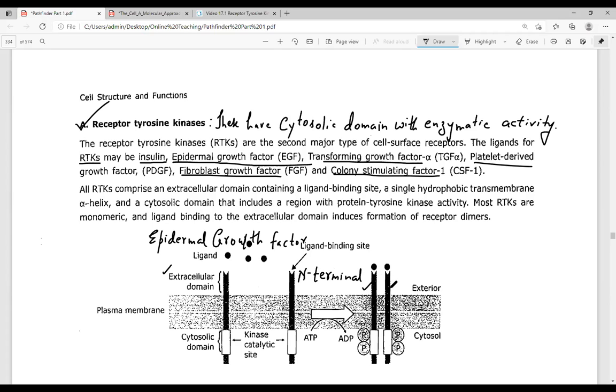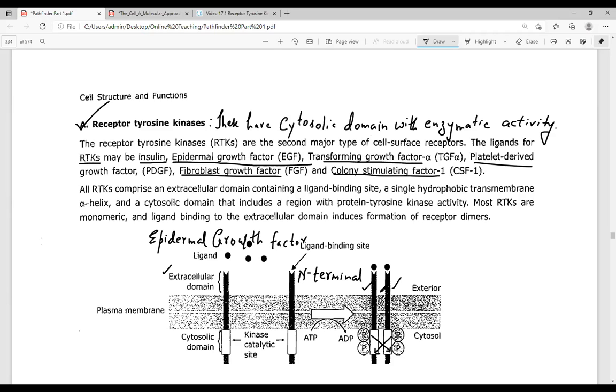This is the dimer which is being produced. Once the dimer is produced, a cross phosphorylation takes place, and then the cell signaling is going to take place.